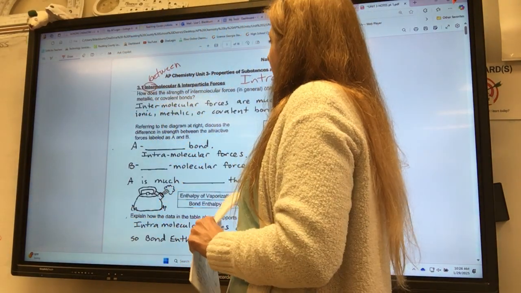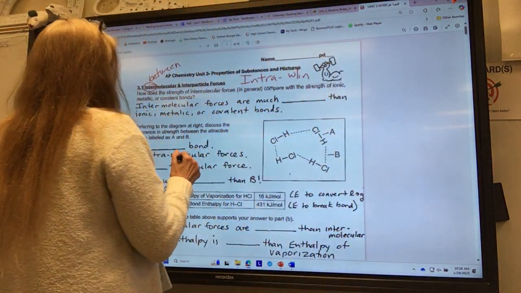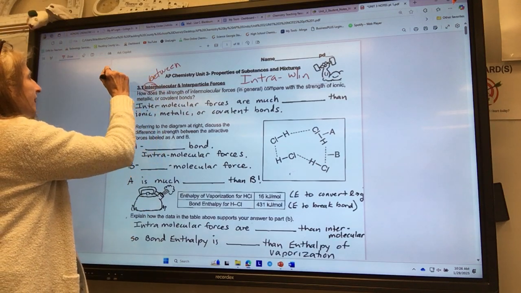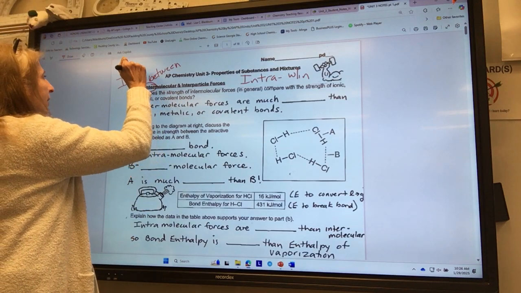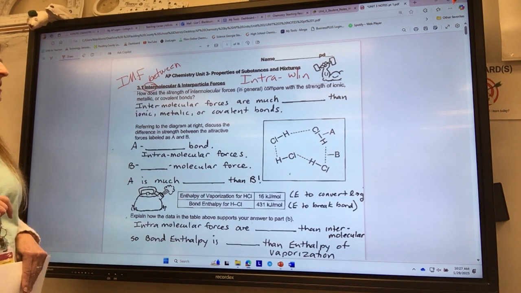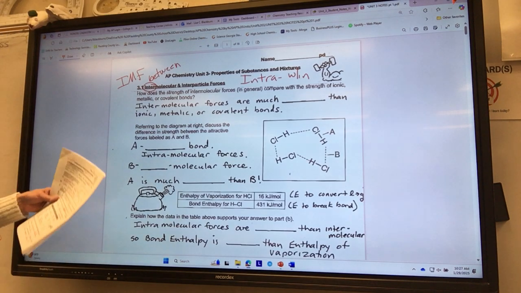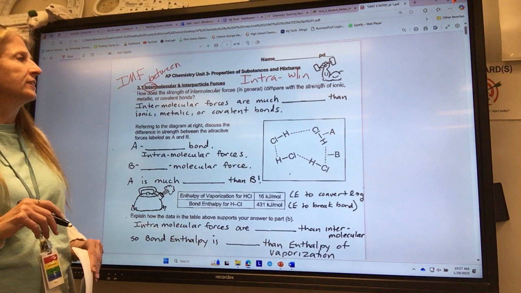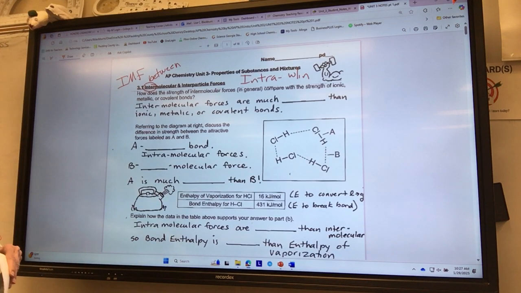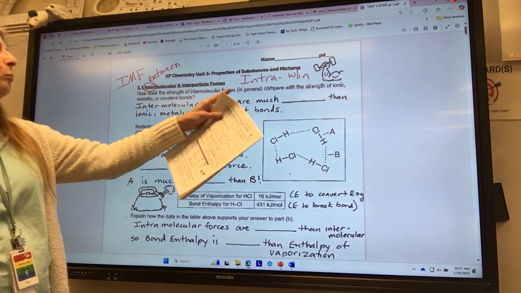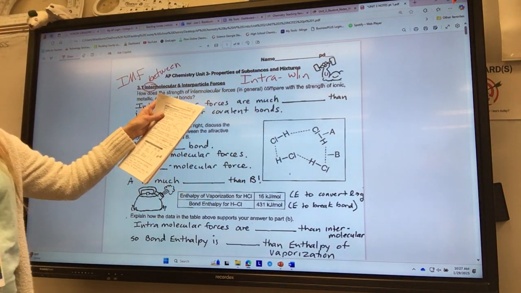Okay, so we're doing intermolecular forces. A lot of times these are abbreviated IMF, not International Monetary Fund, but intermolecular forces. Okay, so how does the strength of these intermolecular forces in general compare with these intramolecular forces, the real bonds, ionic, metallic, or covalent?